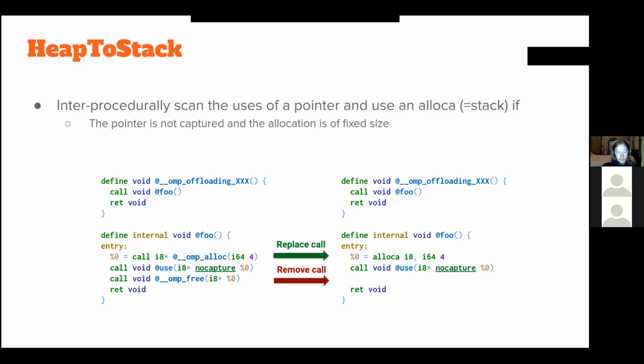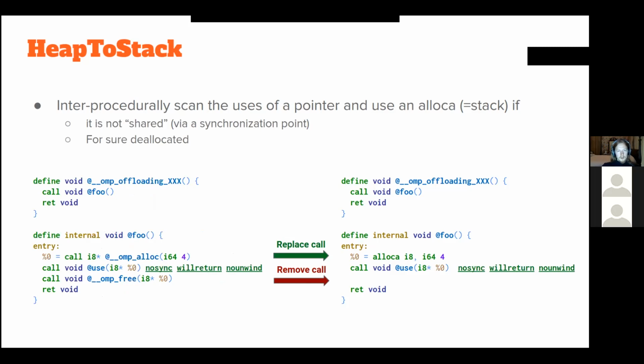And then we can see through maybe some other analysis that this use call has the no capture attribute. That means that no one is going to make a copy of this pointer, and therefore it can't possibly be shared between the threads because it's read-only inside this thread. And because of that, we can simply say, hey, this is an alloca, and replace that expensive runtime call with stack memory, which will then probably be mapped to a register on the device.